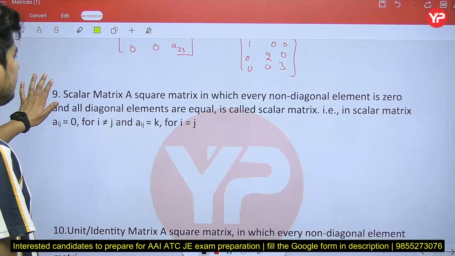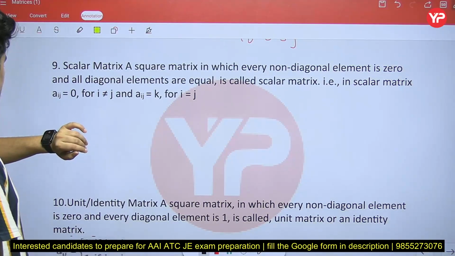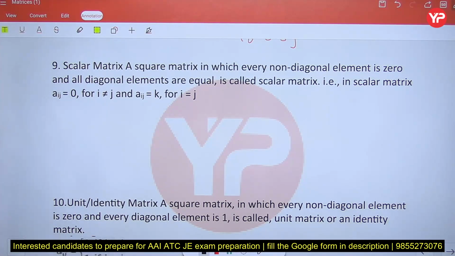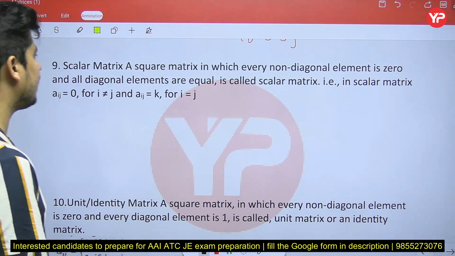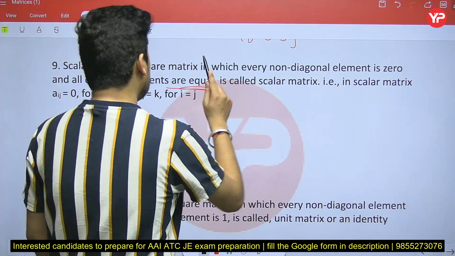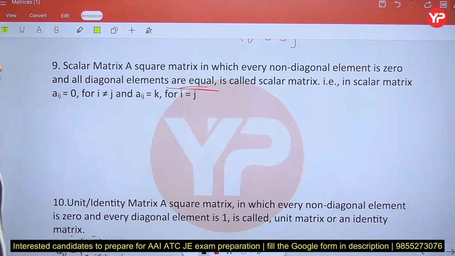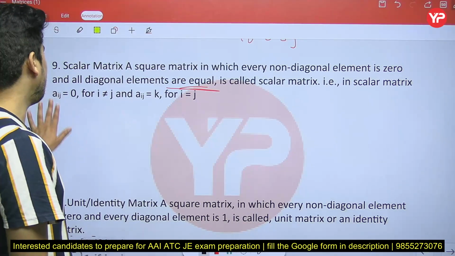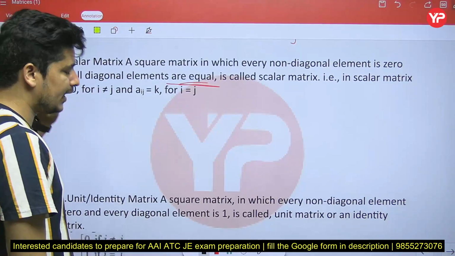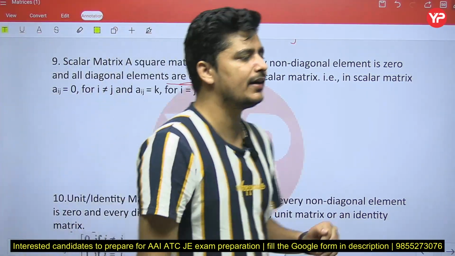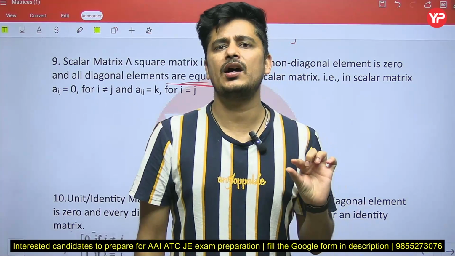Next one is scalar matrix, a square matrix in which every non-diagonal element is 0 and all the diagonal elements are equal. So basically, if you go to the previous one, where we defined the diagonal matrix, inside the diagonal matrix all the diagonal elements are non-zero.